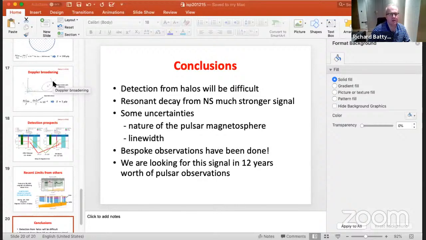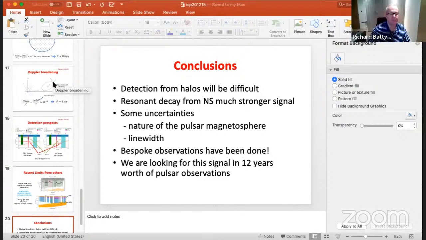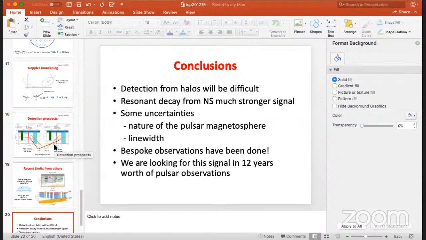It's just a spectral line in the direction of the pulsar. Basically, it's static. That's what people have done. Now, it's possible that there is a time-dependent signal as well.